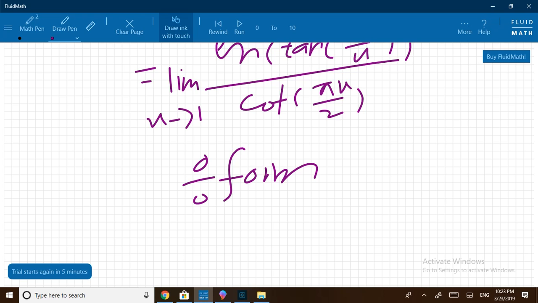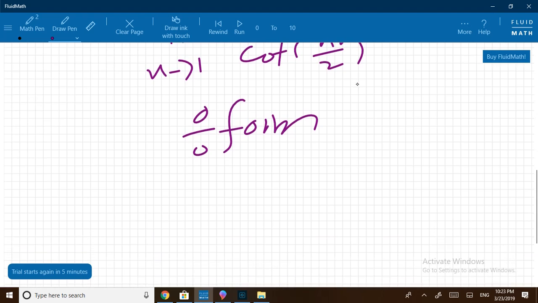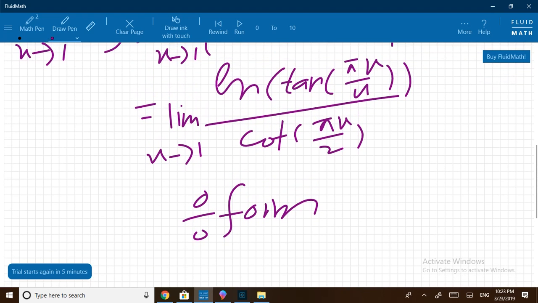In case of indeterminate form, what do we do? We take the derivative of the numerator and denominator. What is the derivative of the natural log of tan(πx/4)?